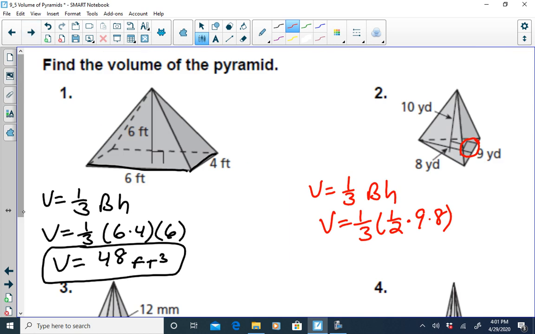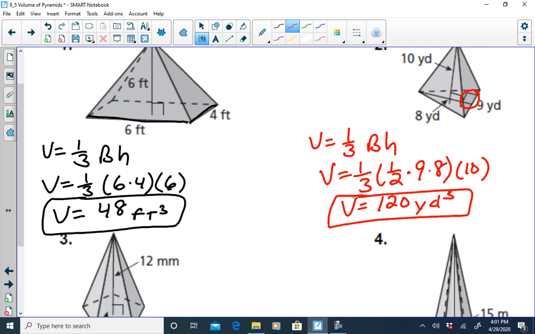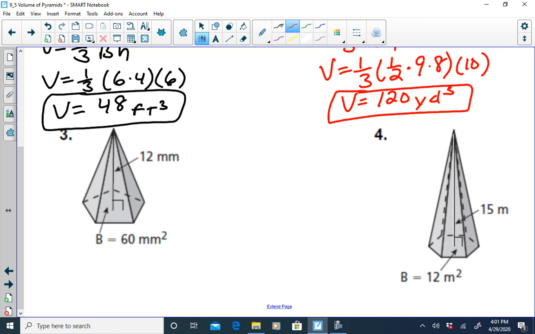Lost my page there. Computer's jumping around. And then we need the height of the pyramid, which is going to be 10. So we're multiplying 1/3 times 1/2 times 9 times 8 times 10. And that's going to be 120 cubic yards. All right, couple more.